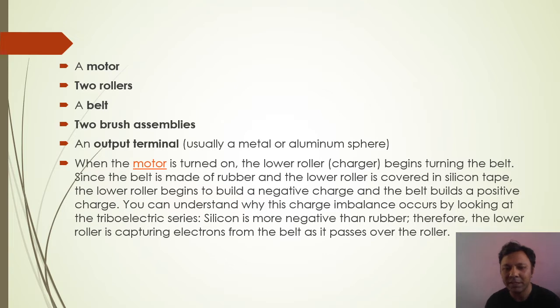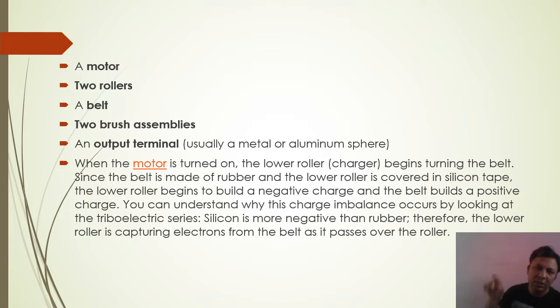As I explained previously, when a negatively charged material is rubbed on a metal, positive charge is produced. So this rubbing is done using the motor, and when the motor rotates, the conveyor belt is rubbed on the rubber.